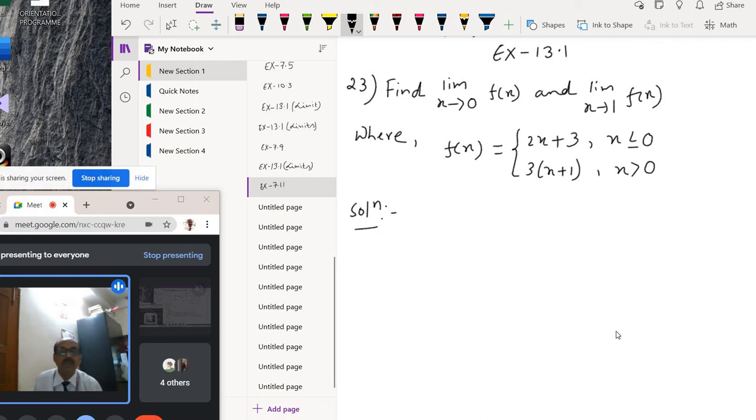First, at x equal to 0, that means x tends to 0.